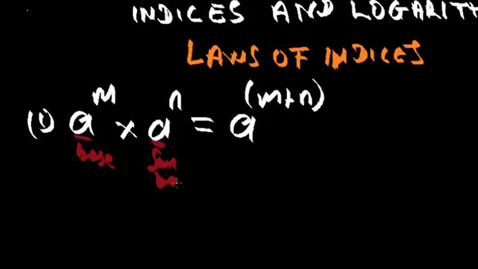Then here too, this a2 is the same base. It's the same base, a throughout. So the bases are the same. Simply put, the bases are the same.